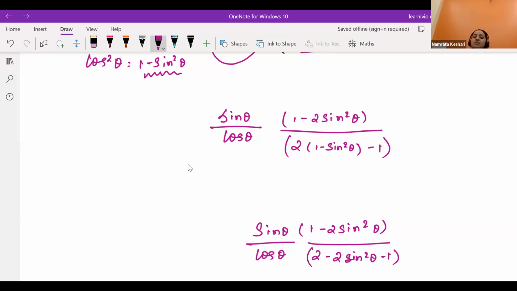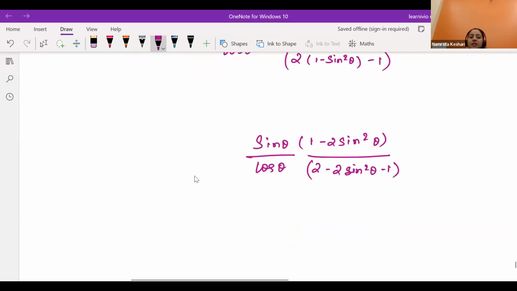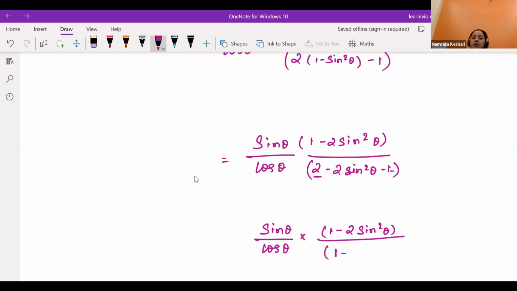When we do the simplification, what are we going to get? Can you please tell me the denominator bracket part? Will it be 2 minus 1 is just 1, minus 2 sine square theta?